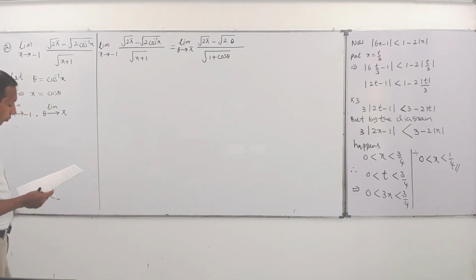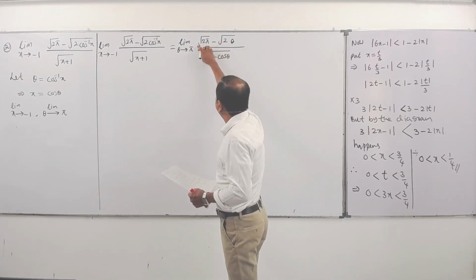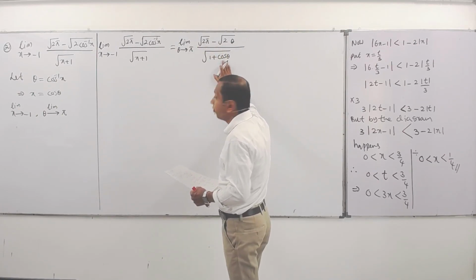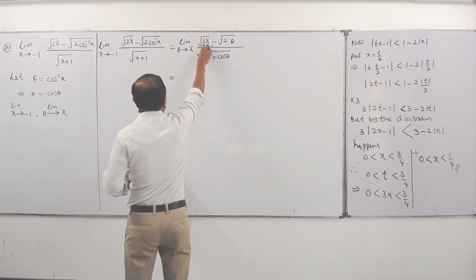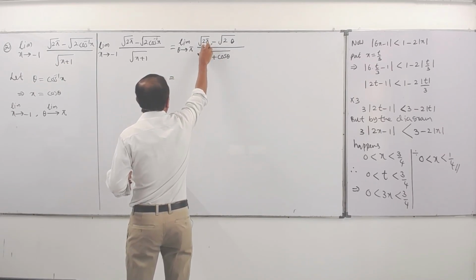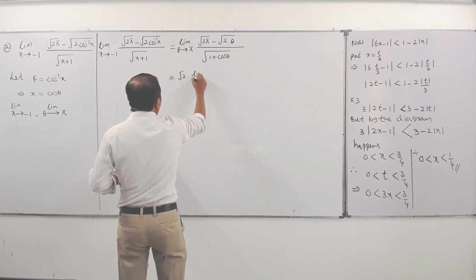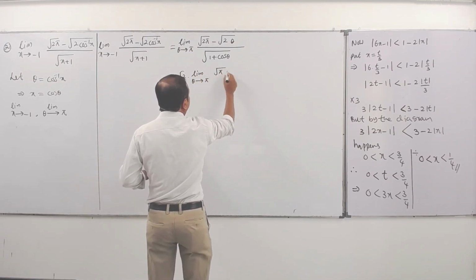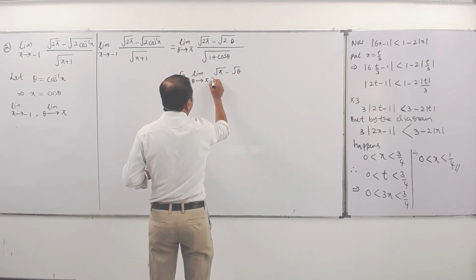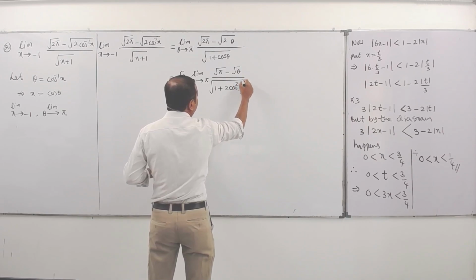Right. Now I multiply. Here this 2 I can take out. This 1 + cos theta I can write using half angles: 2 cos²(theta/2). Then I can write this root 2π as root 2 into root π. That root 2 I take out. Limit theta going to π of (root π minus root theta) divided by this 1 + cos theta, which I can write as 2 cos²(theta/2).